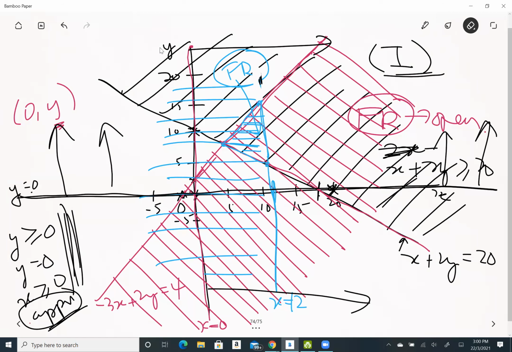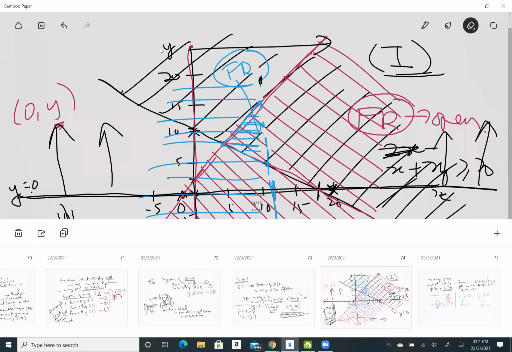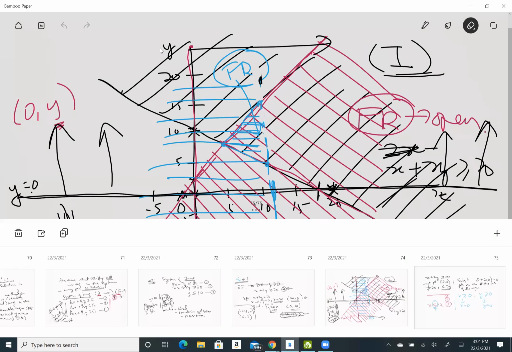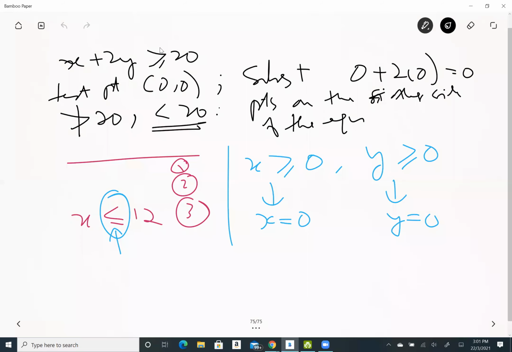Take out this one. Then you include only x bigger or equal to 0, because I want to see the difference. So now our system would be, 1, 2, 3 out. Now this is our number 3: x bigger or equal to 0, y bigger or equal to 0.